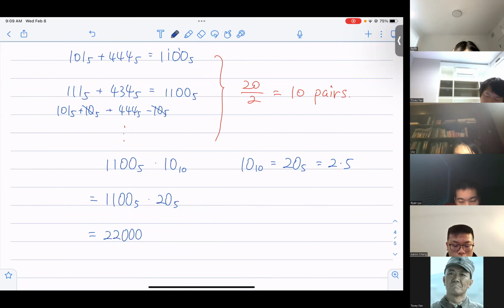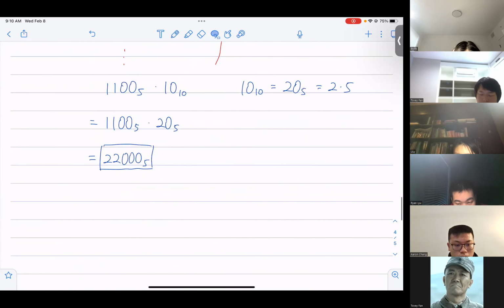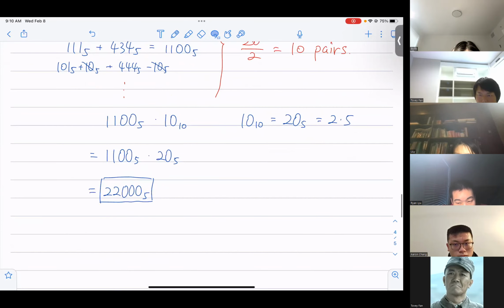You have 3 zeros at the end in base 5. Okay, so this is the answer. This is the sum of all the 3-digit palindromes in base 5, and the sum is also in base 5, okay?